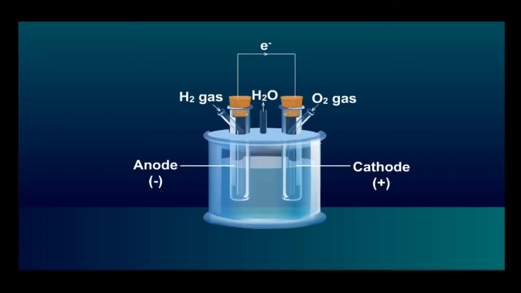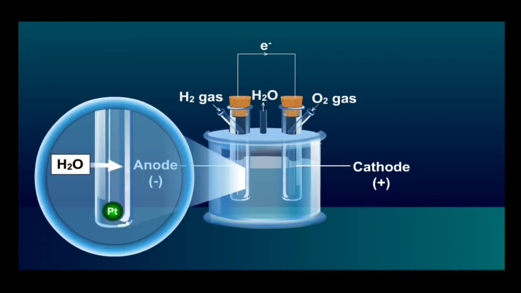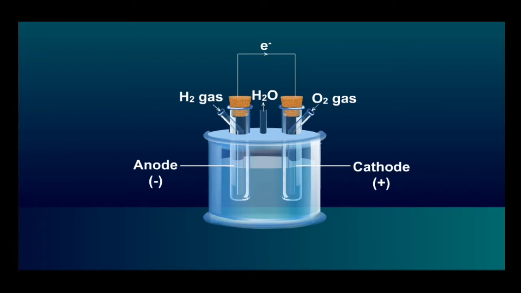Cell reactions. 1. Oxidation at anode, the negative electrode. At the anode, hydrogen gas is oxidized to water. 2H2(g) + 4OH⁻(aq) → 4H2O(l) + 4e⁻. 2.